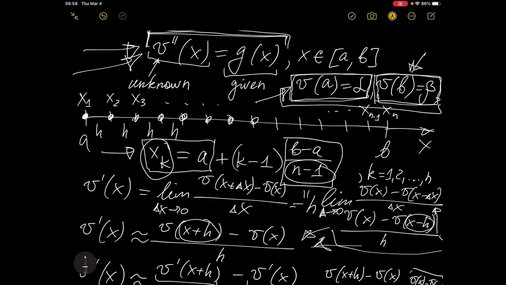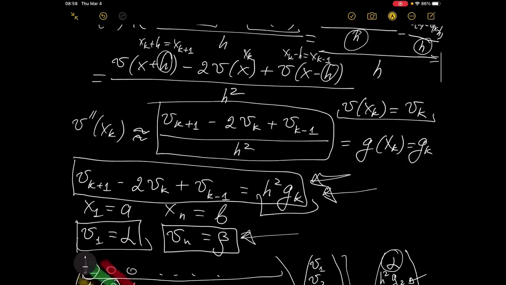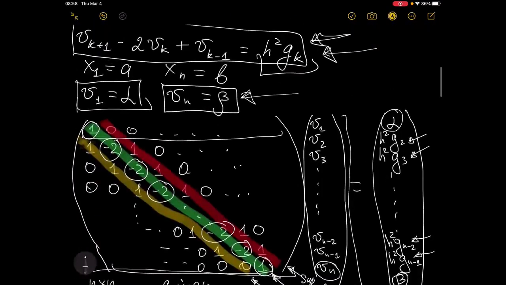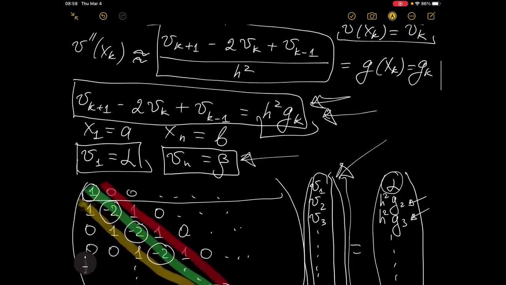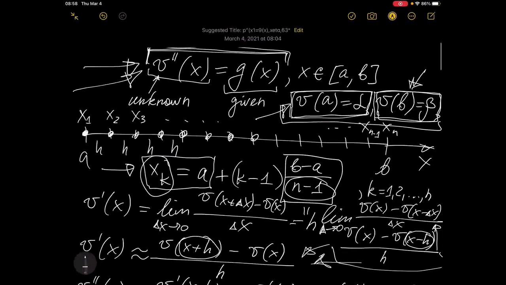And as a solution, we got the values of our function v in the nodes of the grid. So instead of the analytic function, we got just some numerical values, just numbers on the grid. So pay attention, we started originally from a problem which was formulated for some function.